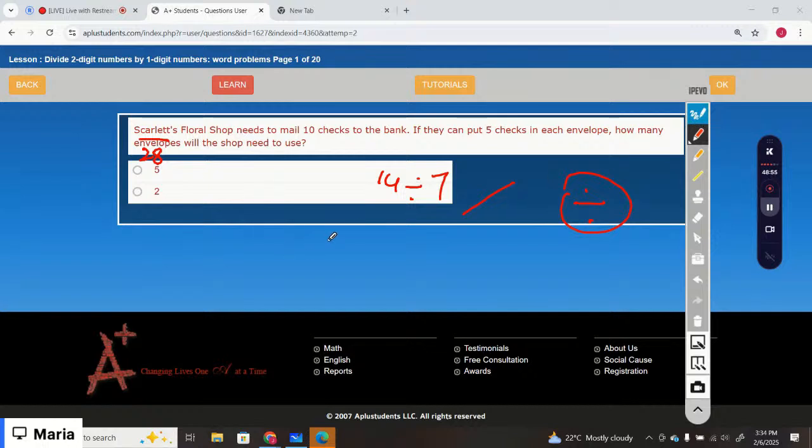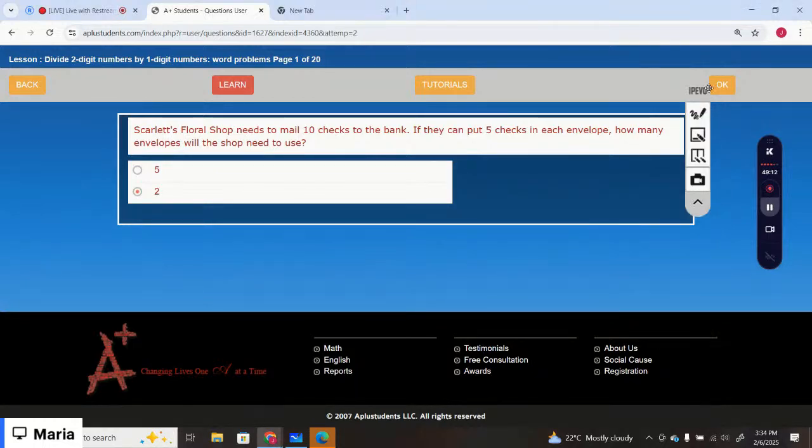So 10 divided by 5, because you have 10 checks, you need to put them in envelopes. In each envelope, you can put 5 checks, so 10 divided by 5 is 2. That means to mail the 10 checks, you need 2 envelopes. The correct option is 2.